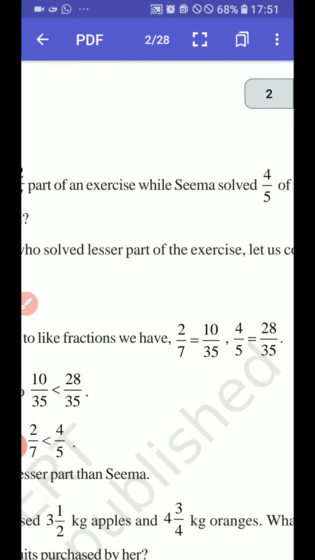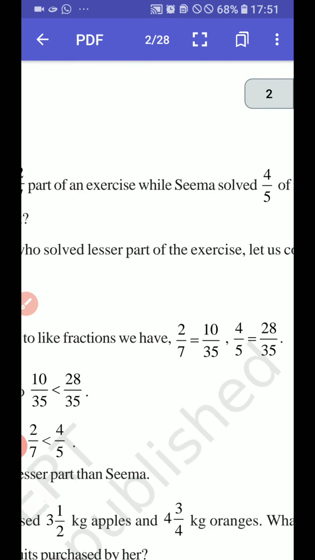Let us see. 2 by 7 equals 2 into 5 upon 7 into 5, equals 10 by 35. Second one, 4 by 5 equals 4 into 7 upon 5 into 7, equals 28 upon 35.